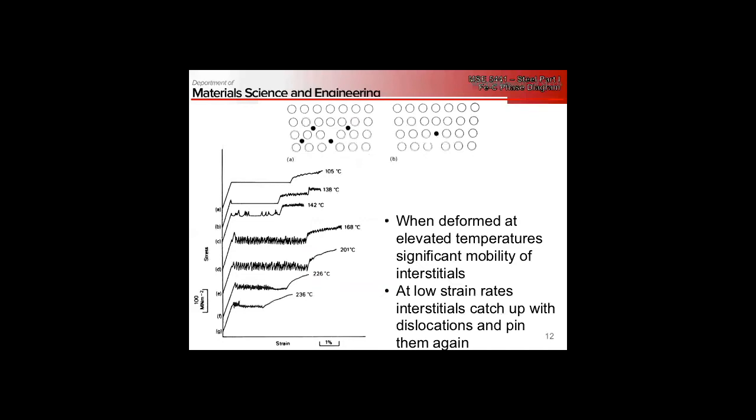At high enough temperatures, deformation's easier, right? Because in BCC you activate a whole bunch more slip systems, right? At lower temperatures, you don't quite have the mobility for the carbons, for the interstitials, to catch up. So it's really just in this intermediate range that we call dynamic strain aging.